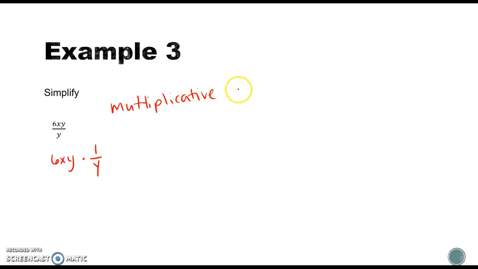Multiplicative inverse. Because here's the y and this is the reciprocal of that y. And so then the y's become 1 and we're left with just 6x. So yes, we can do the cross out at the top, but this is why you can do it, because it's the multiplicative inverse. That's what we would use to make it to where our answer is just 6x.